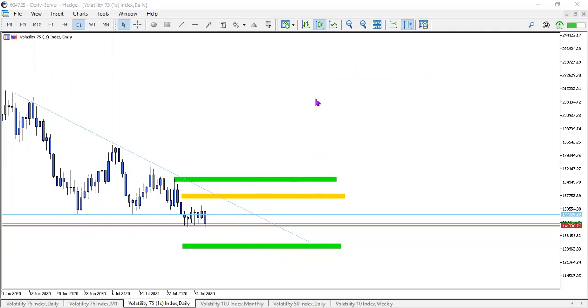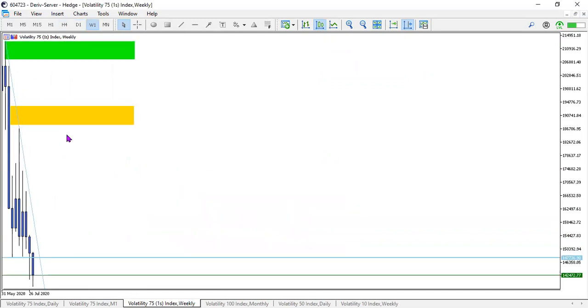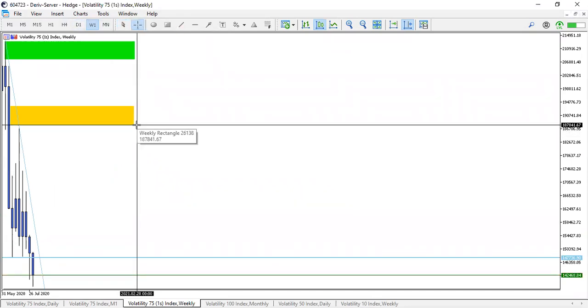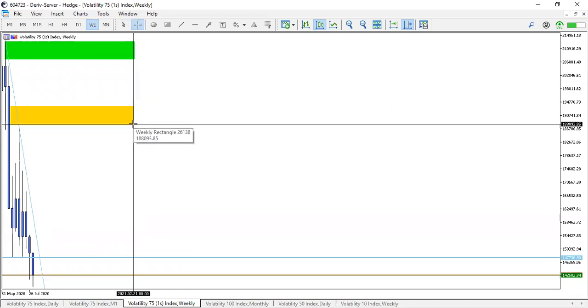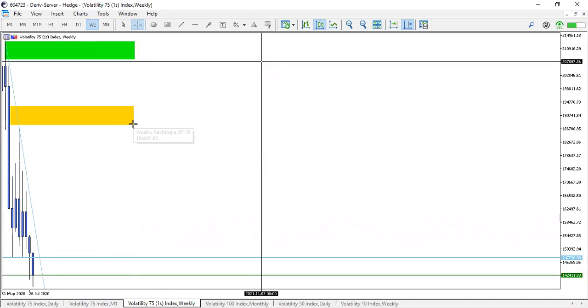But we just have to have an understanding of what this movement is going to look like on the weekly, because remember, on the weekly, we're expecting a pull into this zone and then a push back down. So this area here is around 187, let's call it 188, right?